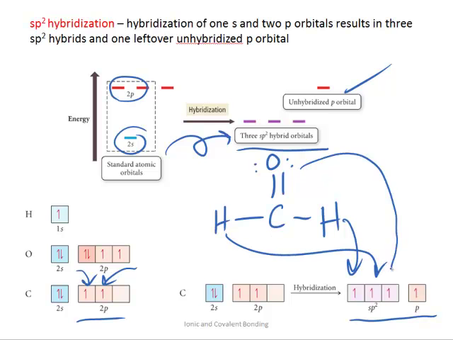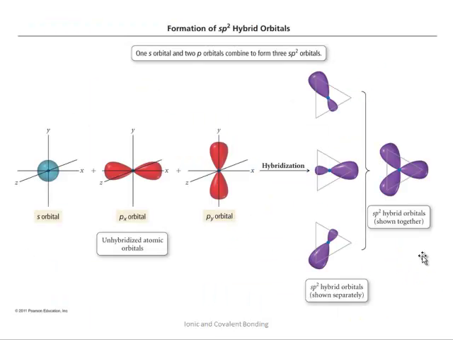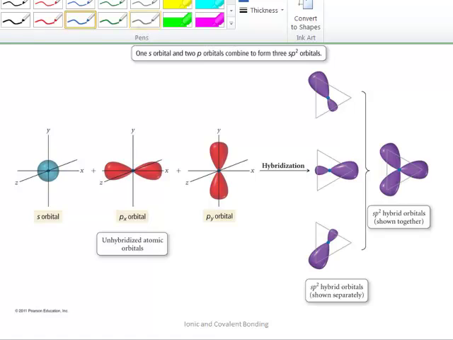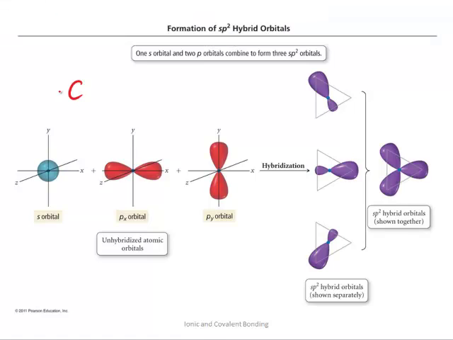One of the bonds with oxygen will form with the sp2 hybridized orbital, and the second bond of the double bond overlaps with the unhybridized p orbital, and that sets up a very distinct characteristic of a double bond, which we'll see. But that also gives us information about the shape of a formaldehyde, or CH2O, molecule.